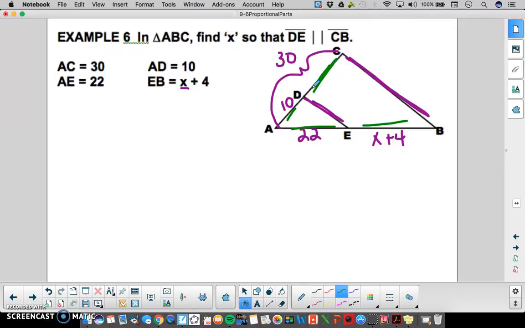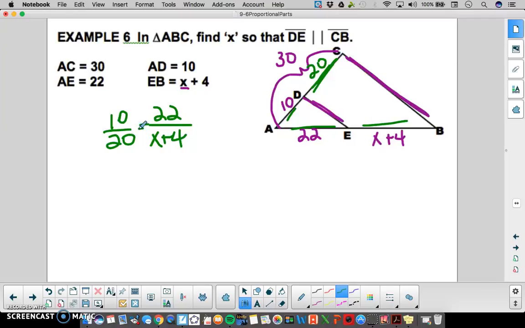But I was given the whole CA and the piece AD. So I could solve for that and get 20. So now I can set up my proportion and have 10 over 20 equal to 22 over x plus 4.